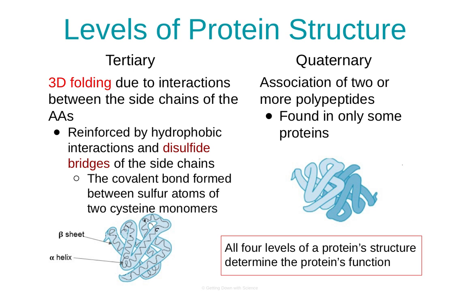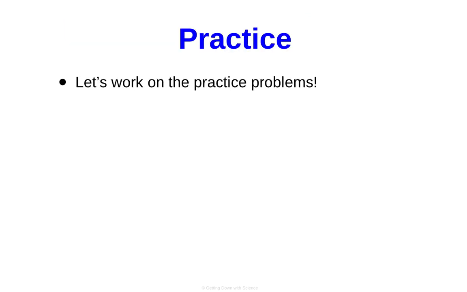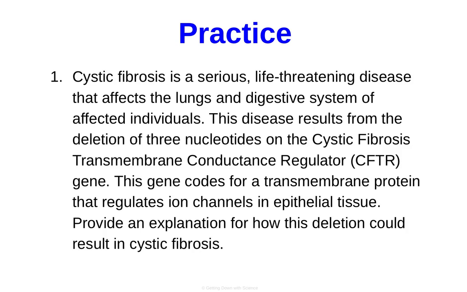It's going to get names like collagen, hemoglobin, that type of thing. Often students are more familiar with the names of proteins when they're referred to in their quaternary structure. Let's practice.